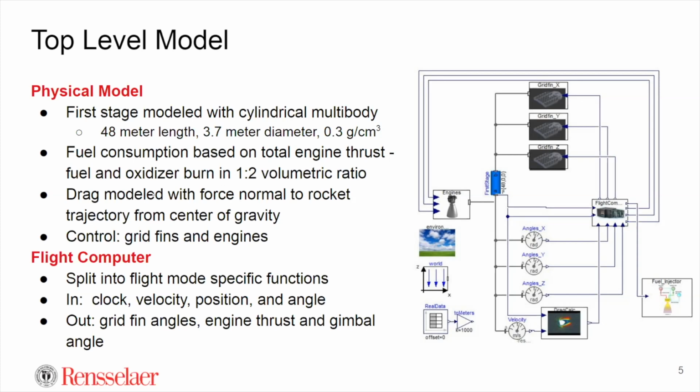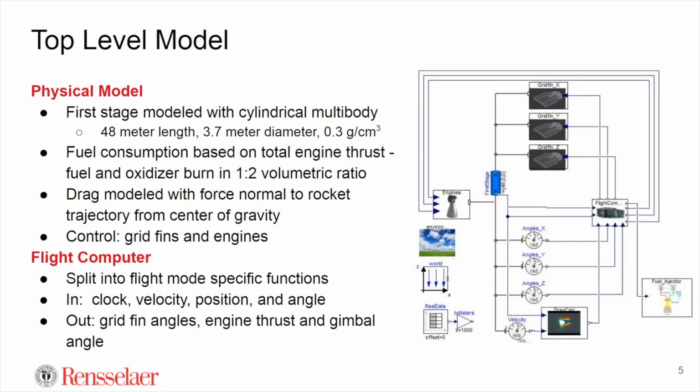Then drag is modeled here at the very bottom, and that's just with a force vector normal to the center of gravity. And that drag is calculated based on the first stage's altitude at any given time, as well as its rotation relative to its path of motion.